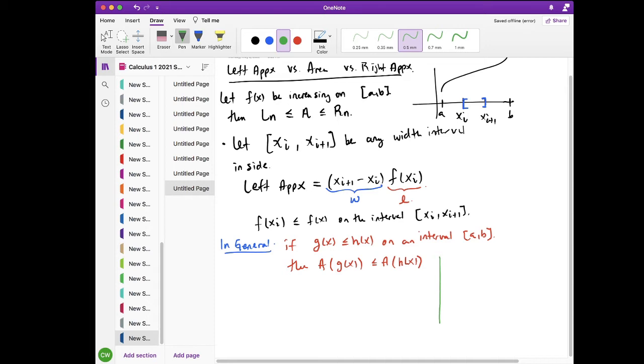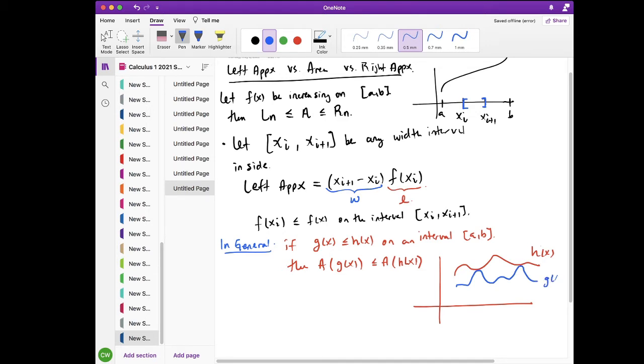It's nothing too absurd. So here's h and here's g, let's say. So g is always less than or equal to h.